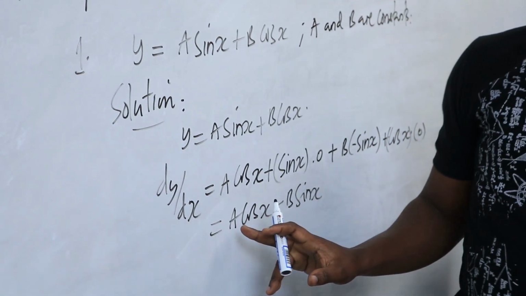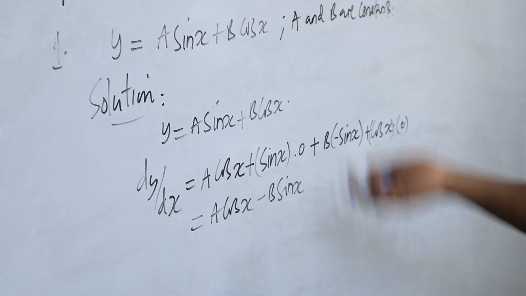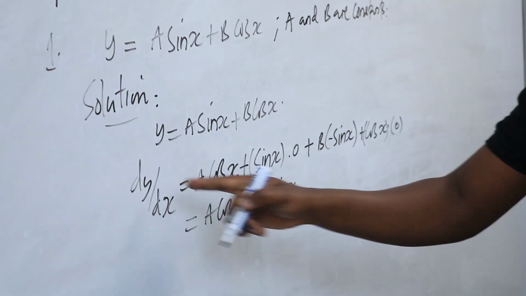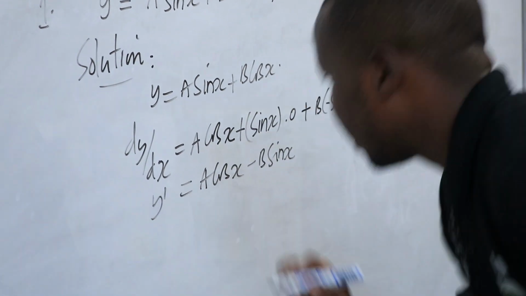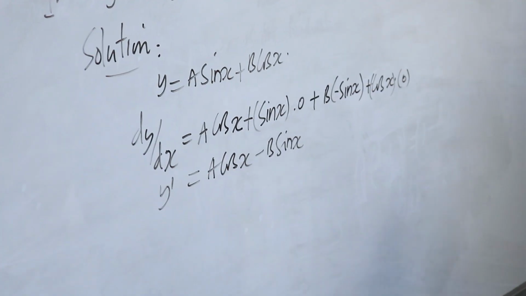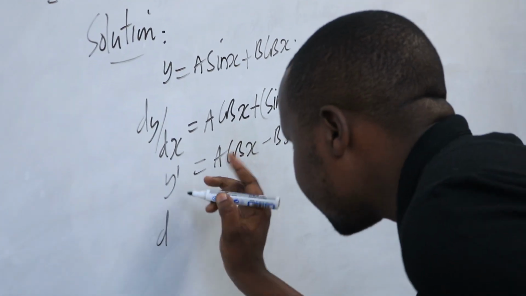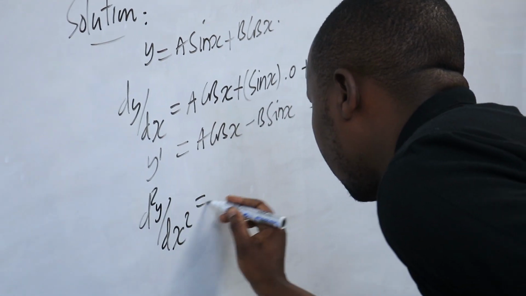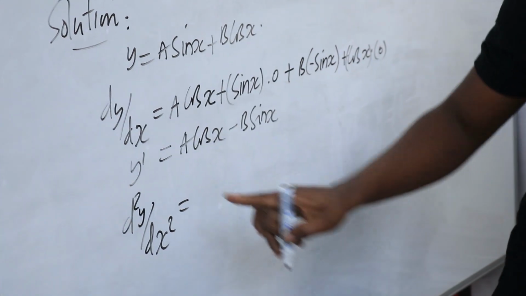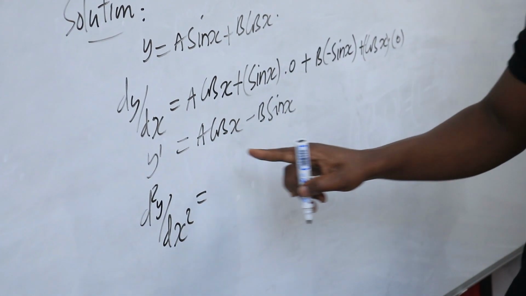Still, the arbitrary constants a and b exist. So we can go for further derivatives. We can differentiate for the second time, because this is the first differentiation, y prime. So if we go for the second time with respect to x, you differentiate the first derivative expression.